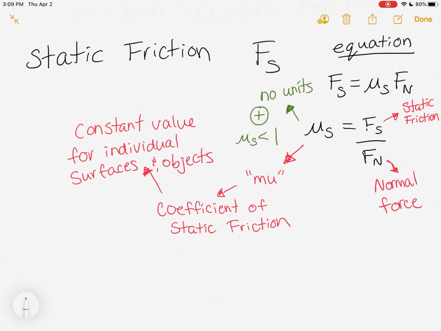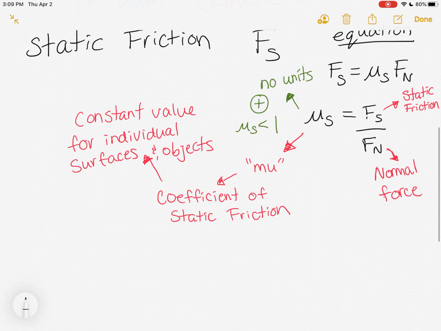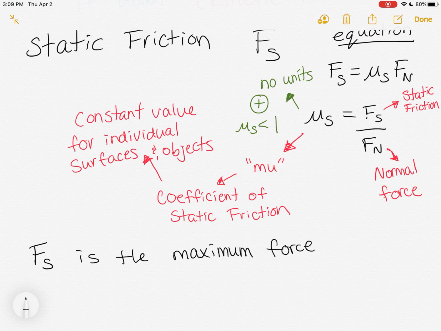When we're looking at Fs, the static friction force, it's the maximum force to keep an object stationary.